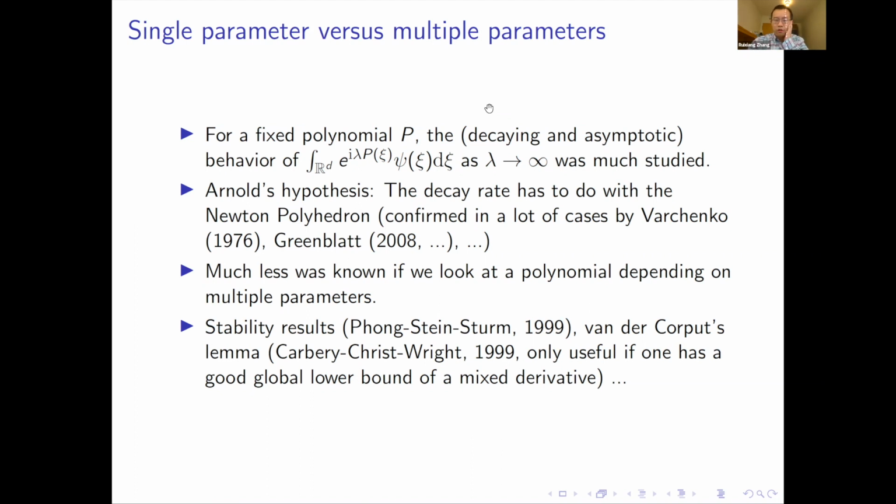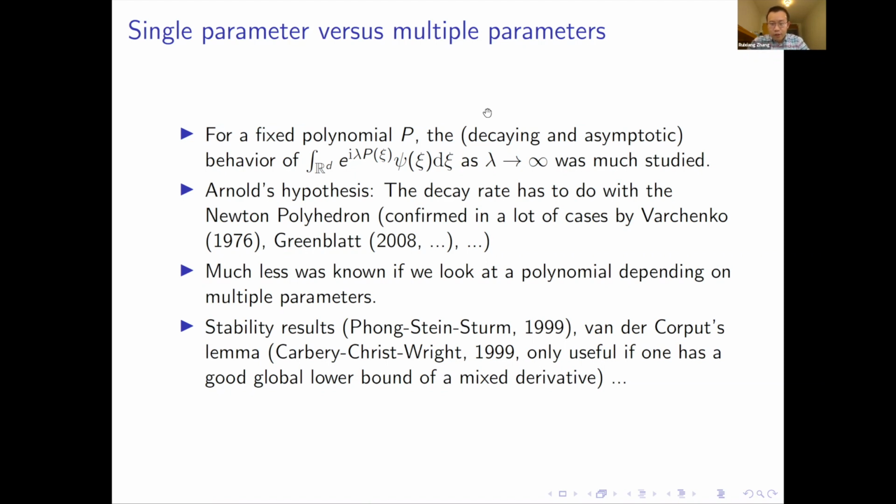I'm not 100% sure, but stability results are like, if you have a decay estimate, you can ask if you perturb your polynomial by a little bit, in whatever sense is reasonable, do you still have these uniform decay properties? So this fits into the main theme of the story, and actually you allow multiple parameters because you're doing small perturbations.